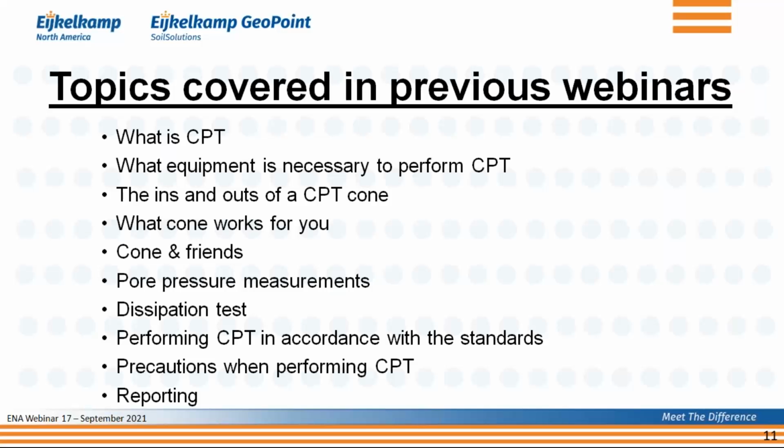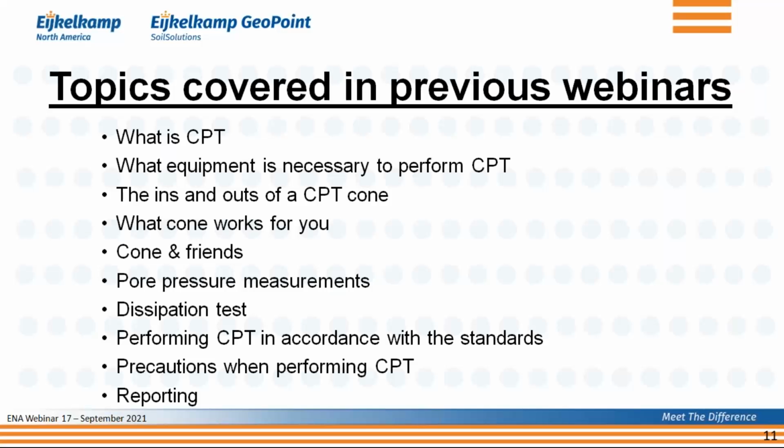In other words, what cone works best for you? We also talked about the friends of the cone, the modules that you can put behind the cone and push into the soil at the same time to get more information for the same price, if you wish. And we'll talk more about those friends and those modules a little bit later in this presentation.